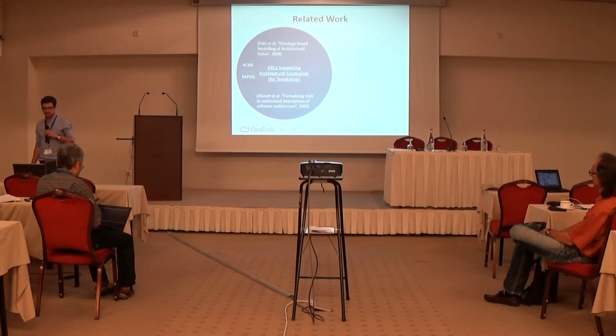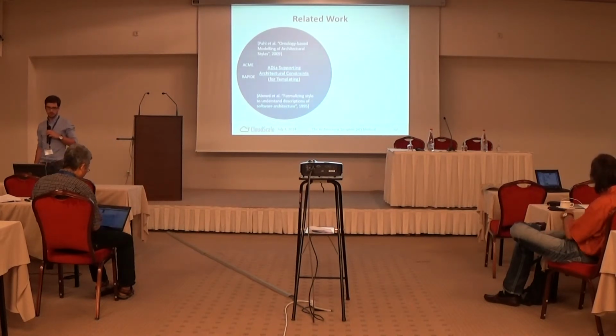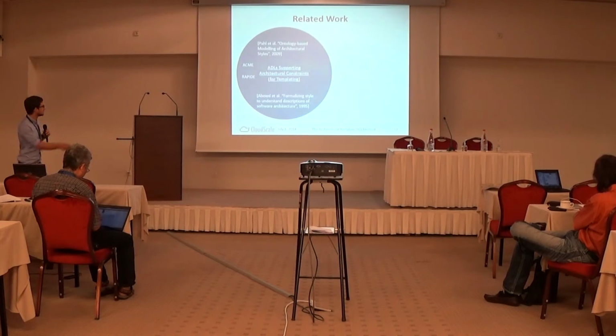It allows specifying architectural styles, for instance, which is quite similar to some patterns I had a look at. Other authors specify similar constraints using ontologies or the Z specification language. Abbott and others use the Z specification language. Paul and others use ontologies.